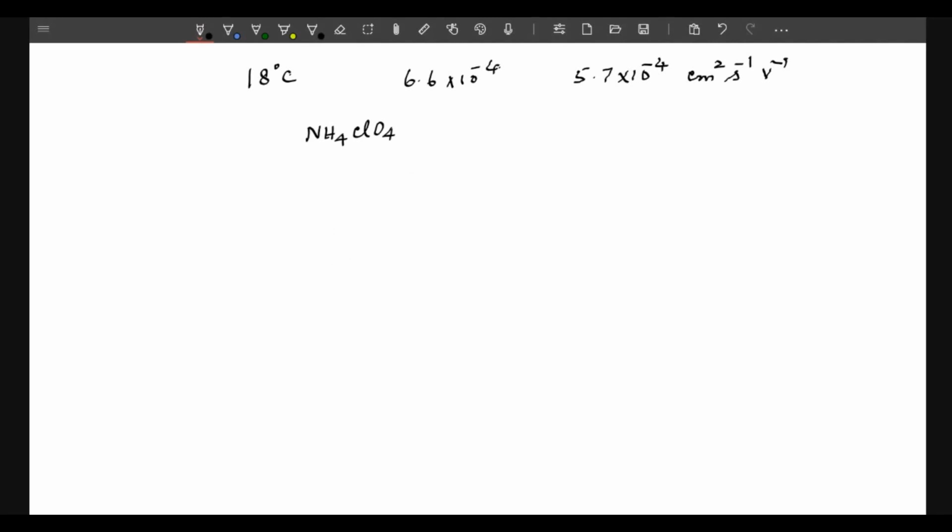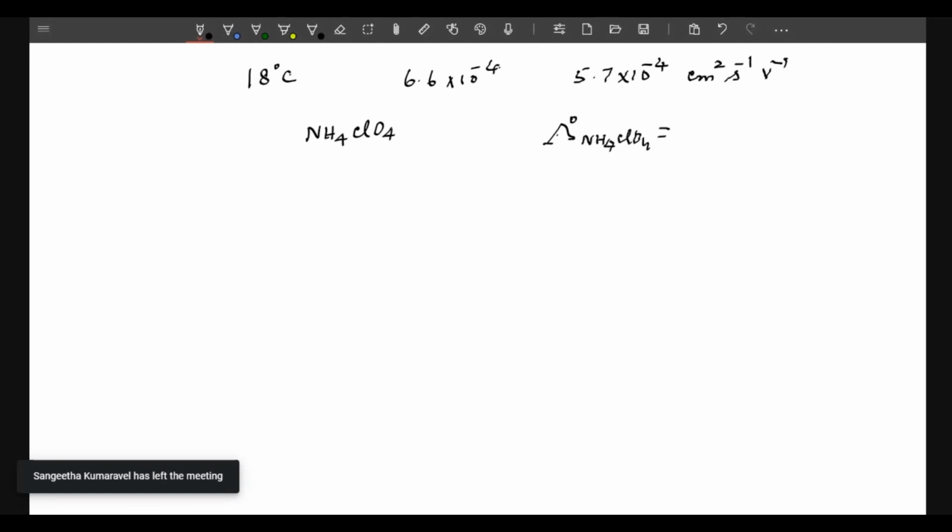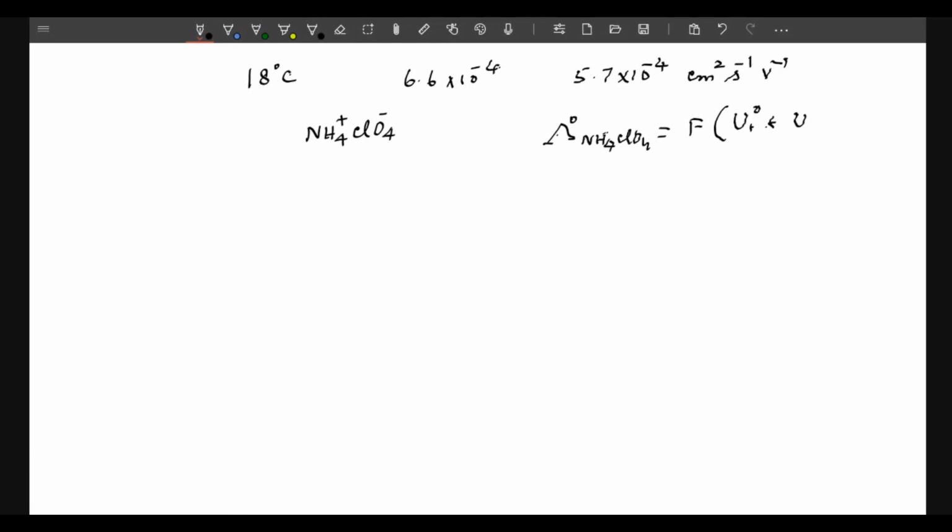You can easily calculate it, for which we have given the formula: lambda naught of ammonium perchlorate is equal to F into the charge over this ion, NH4 plus and ClO4 minus, U plus naught plus U minus naught. These values are given. You multiply this and you will get the answer in per ohm centimeter square per equivalent. Work this out at home.